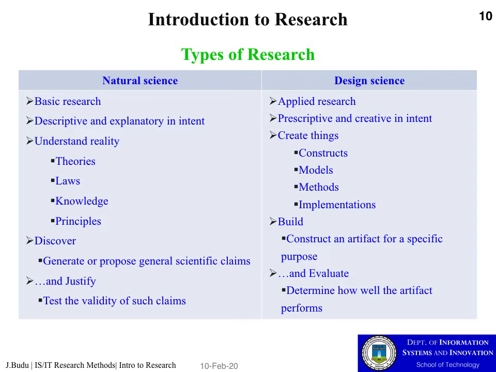For instance, we can have a law. One of the laws of thermodynamics is that everything that goes up must come down. Another law in physics is that to every action there is an equal reaction. For instance, this is a general scientific claim.